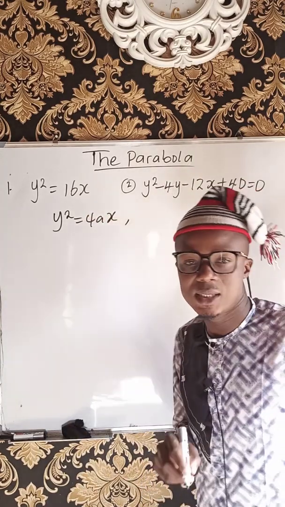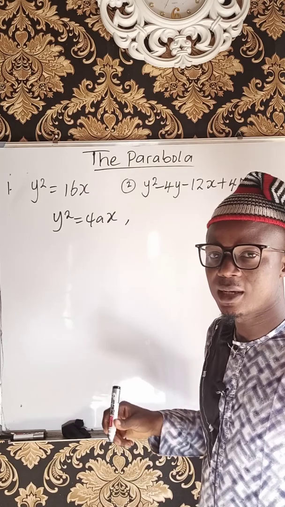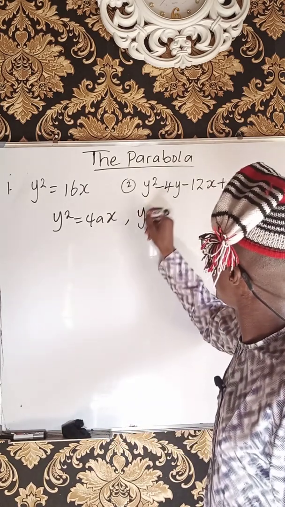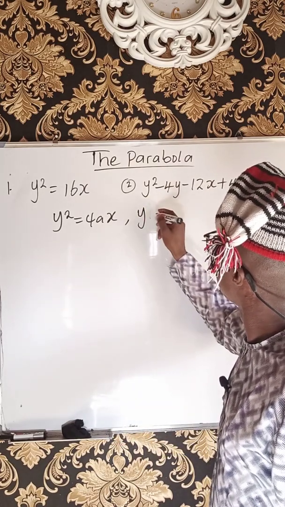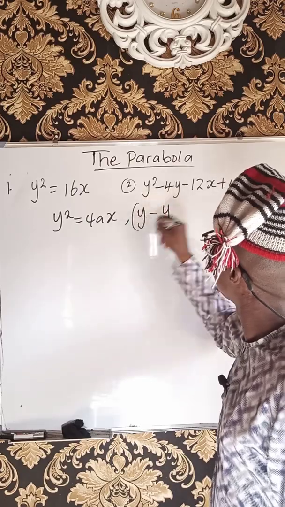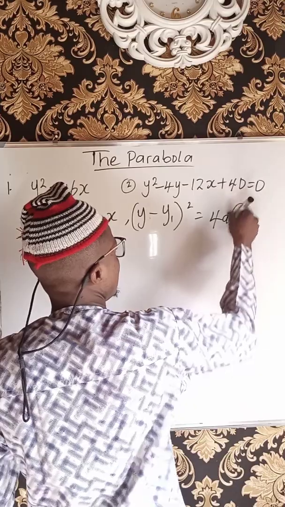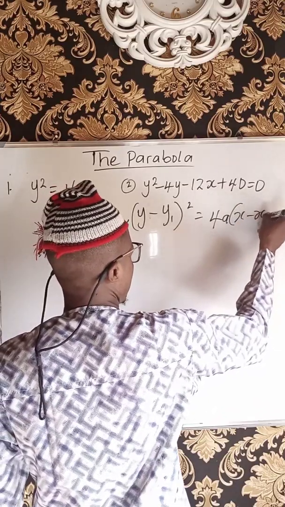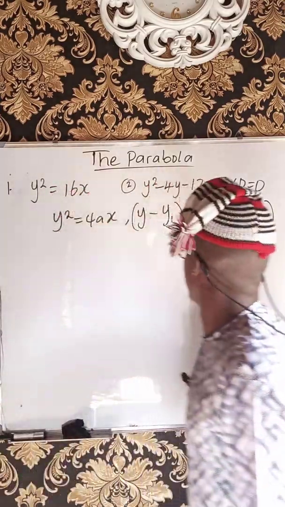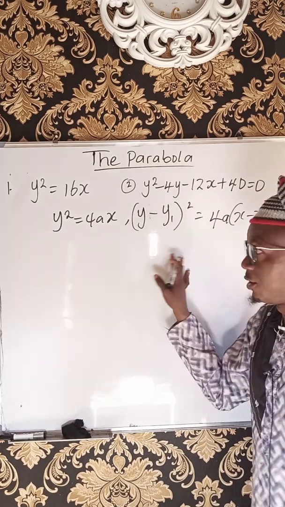When it is put in the canonical form, you have y minus y1 all squared is equal to 4a into x minus x1. This is also the equation of a parabola in the canonical form.